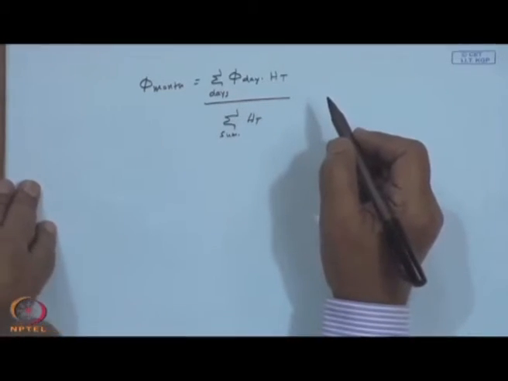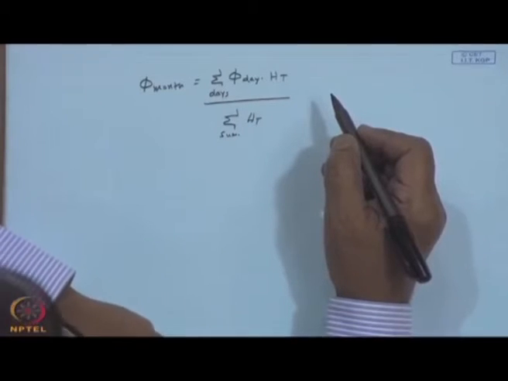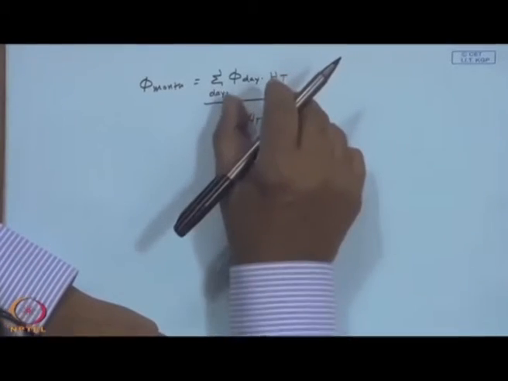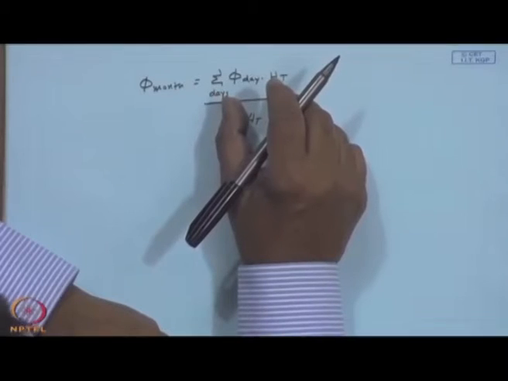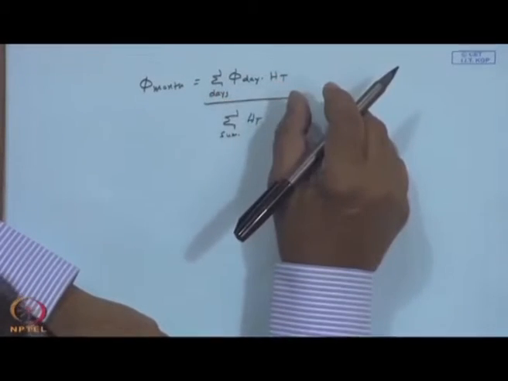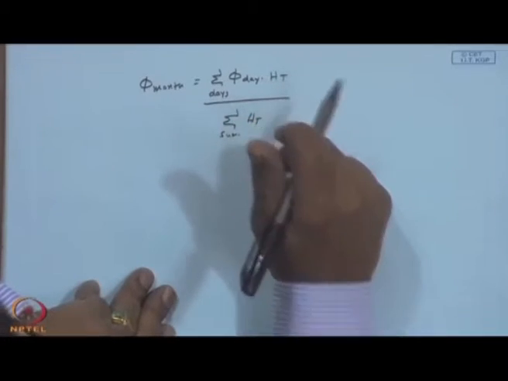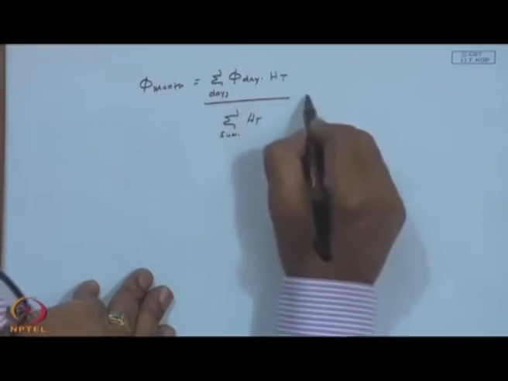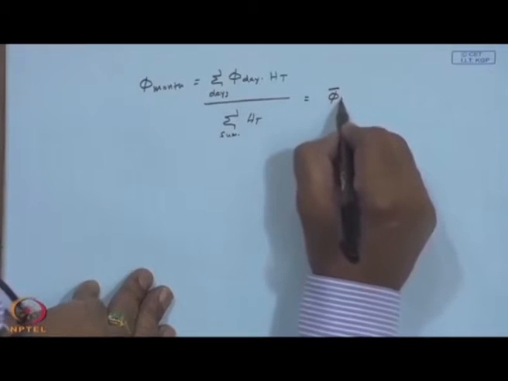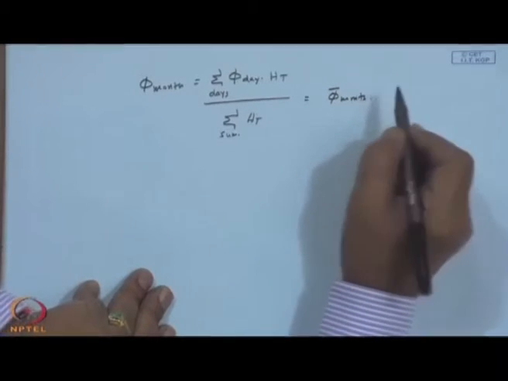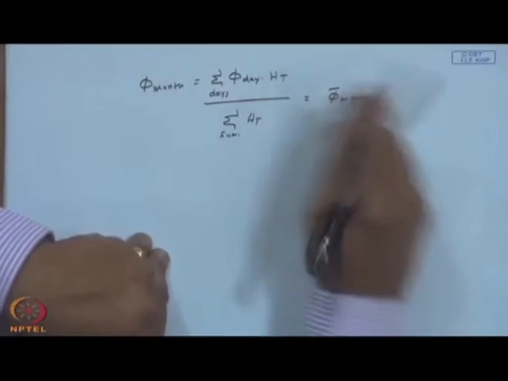This is a little easier way of conceiving the definition of utilizability. What I am trying to do is pick up the solar radiation every day above the critical level, upon the total solar radiation falling on the collector in the month. This is also equal to phi bar. Numerically, it does not make any difference because it is a ratio of both. Okay.